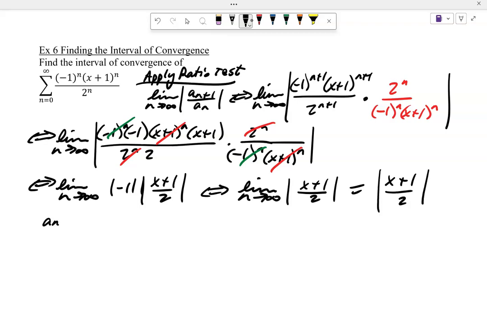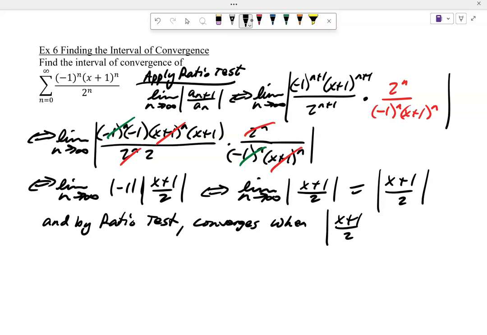And by ratio test, this will converge when that's less than 1. So we have absolute value of x plus 1 over absolute value of 2. Absolute value of 2 is 2. And now I'm going to multiply both sides by 2.